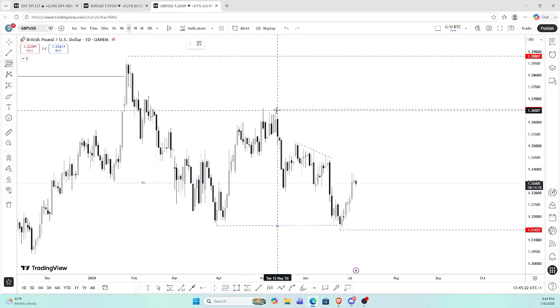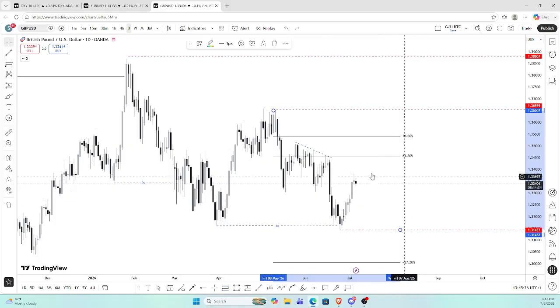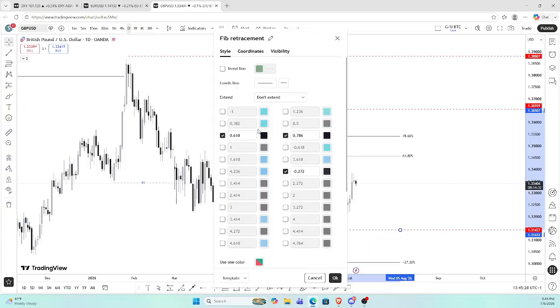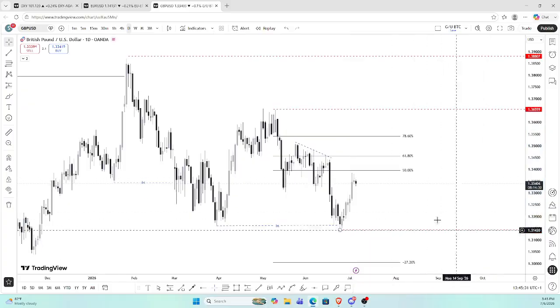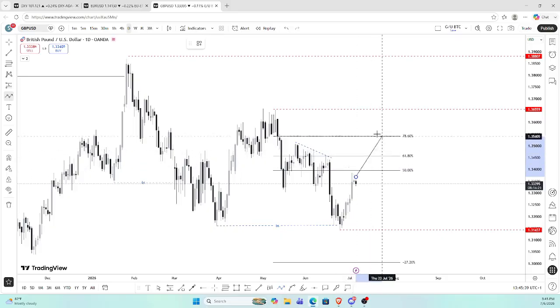So currently price is retracing, and it is at around 50%, 61.8 and 78. We look for the price to continue with the trend.